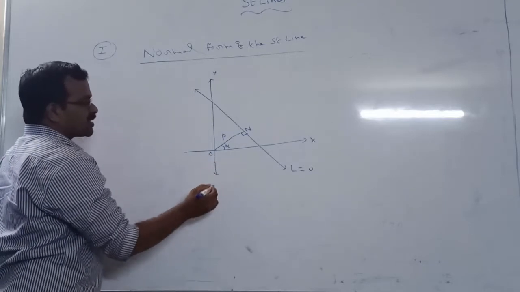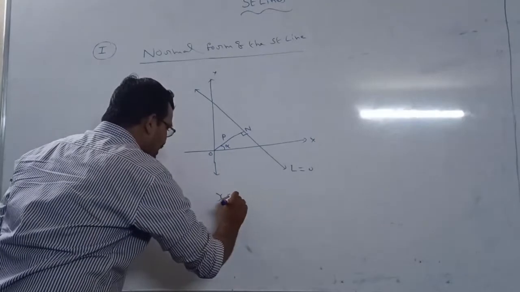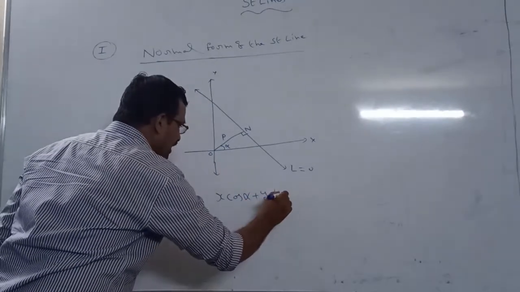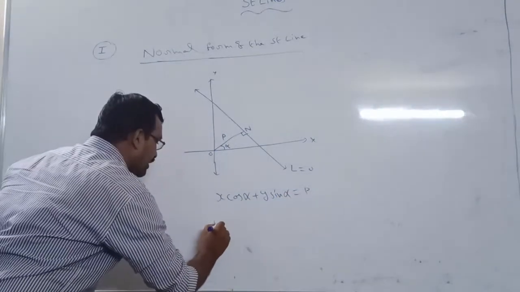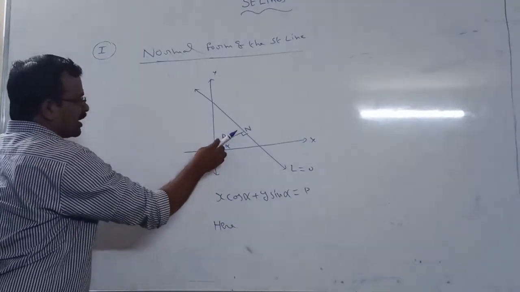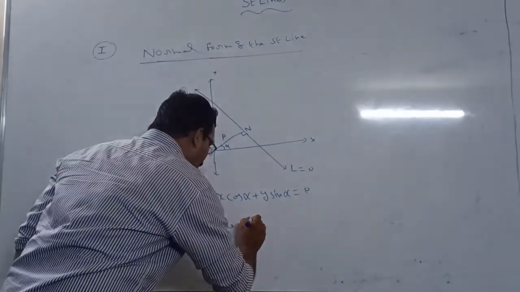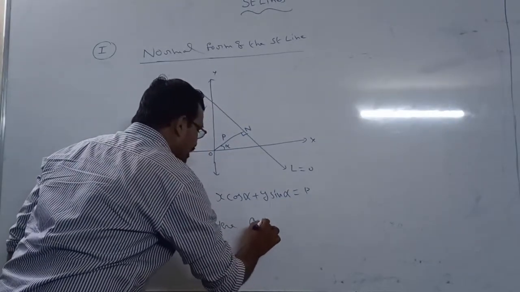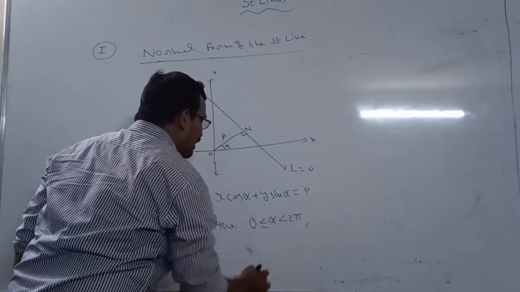In this case, the line is x cos alpha plus y sin alpha equal to p. Here alpha is the angle made by the normal with the positive direction of the x-axis, with range 0 less than or equal to alpha less than 2 pi.